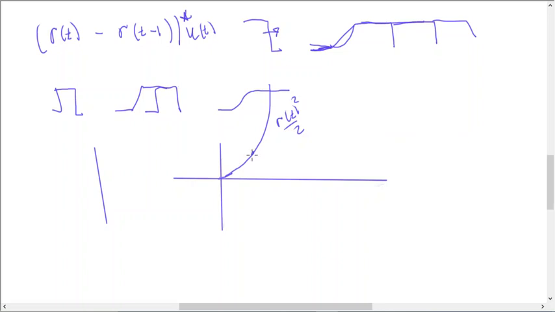But then I can start to cancel this out with a function like this, and it'll go like that. But again, if I keep doing that, it'll go down.